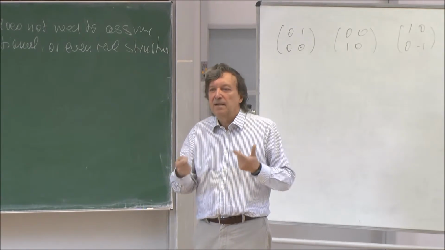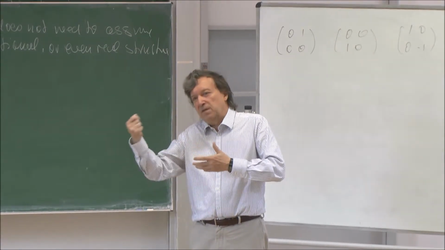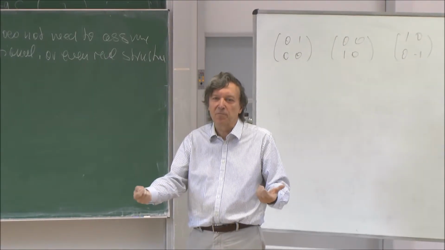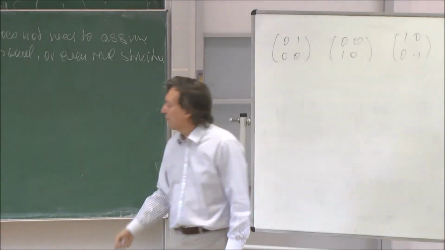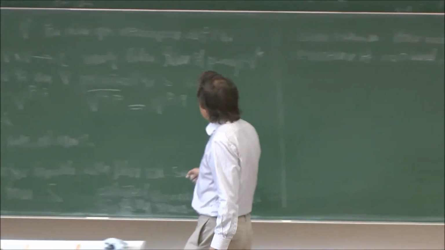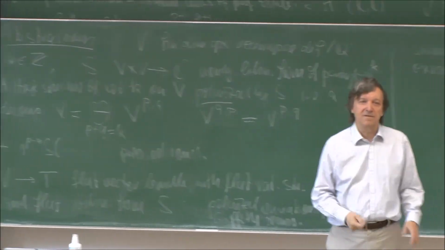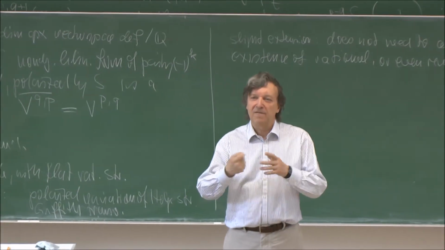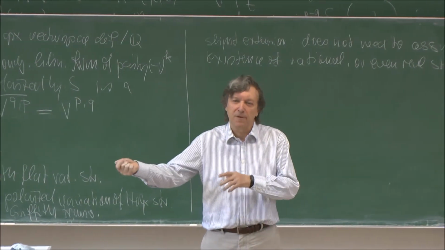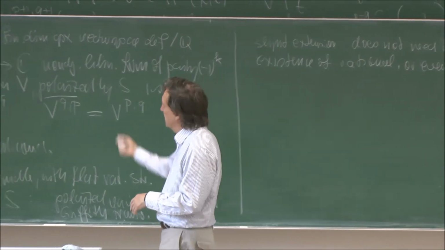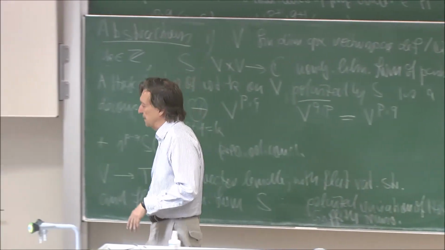And so by having the flags and S, you get the second filtration, and they're supposed to be related so that you then reconstruct the V^{P,Q} as the intersection of F^P with the appropriate orthogonal complement. And then V should be the direct sum of these, and again you should have this condition.